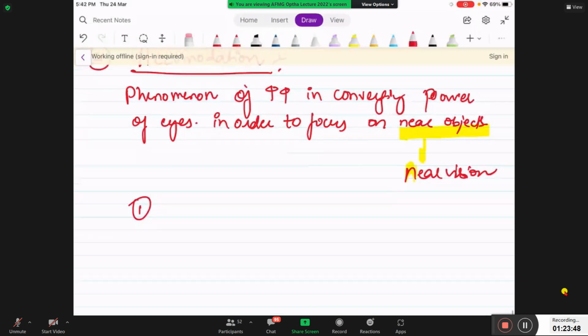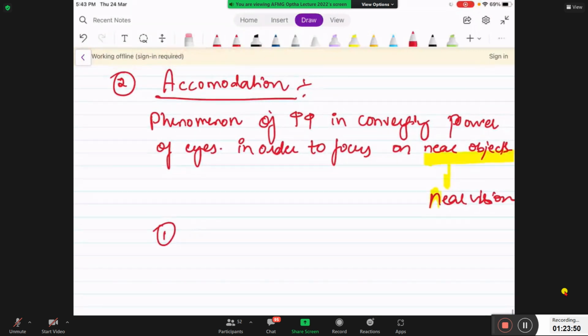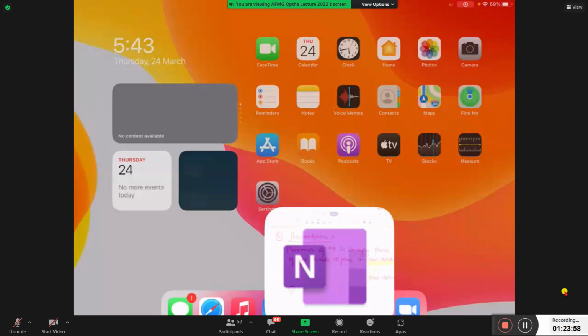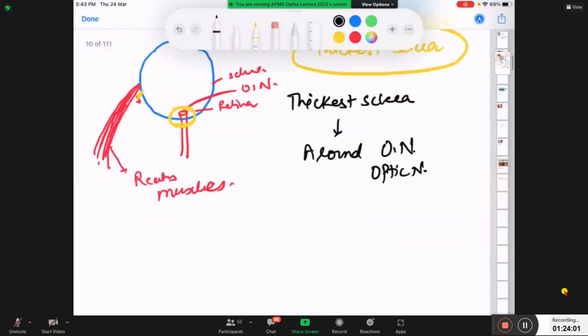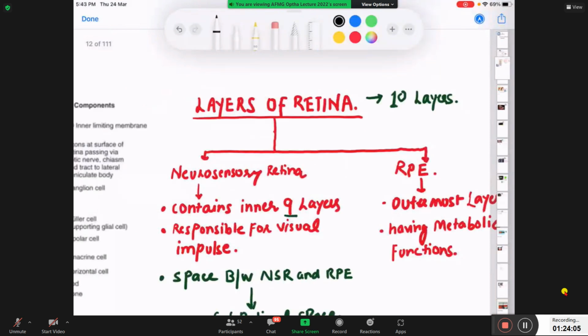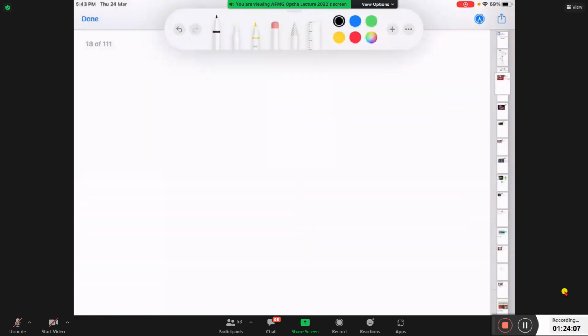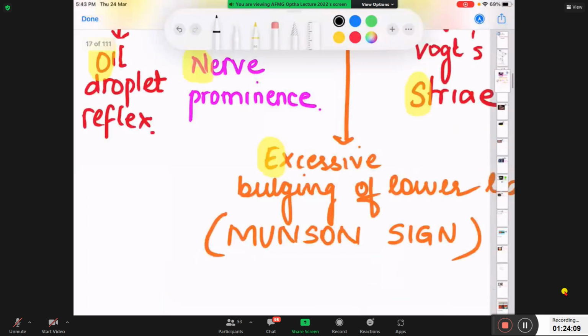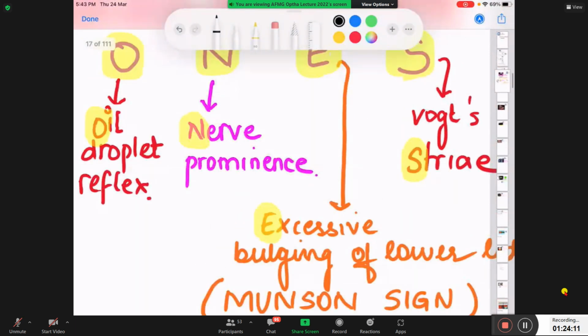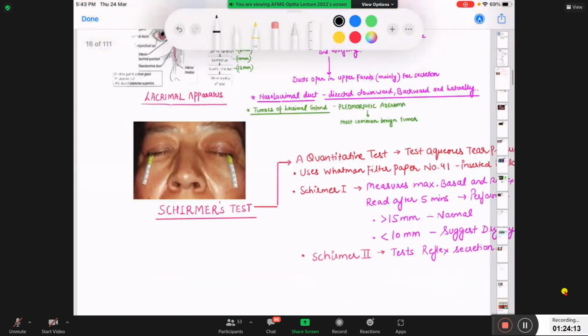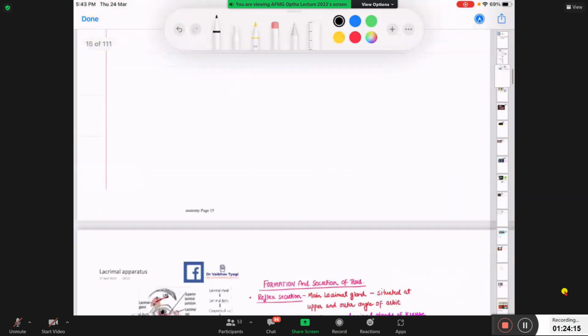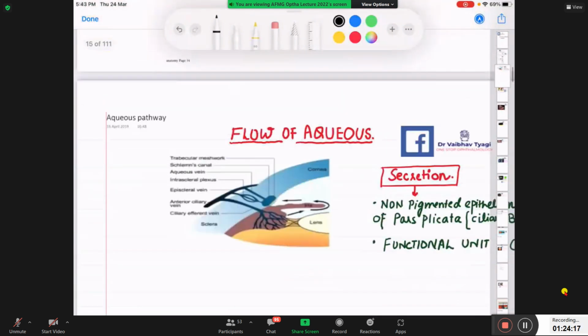Now, what are the changes which take place when accommodation is taking place? See the image again. Can you see this diagram?